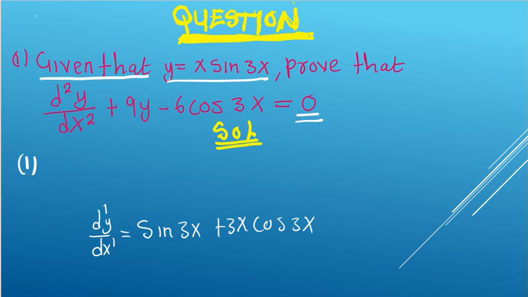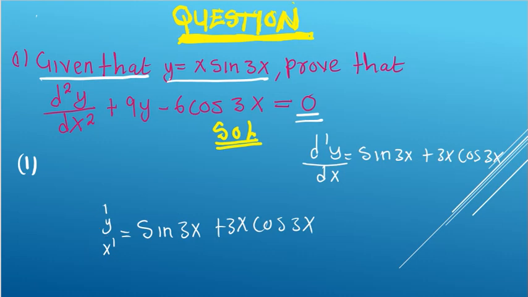Okay, so we have our first derivative dy over dx to be equal to sine 3x plus 3x cosine 3x. Now we're going to find dy/dx of this same equation the second time.